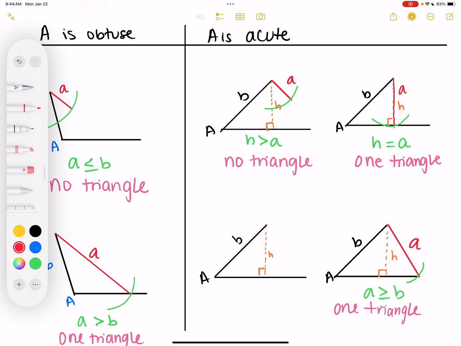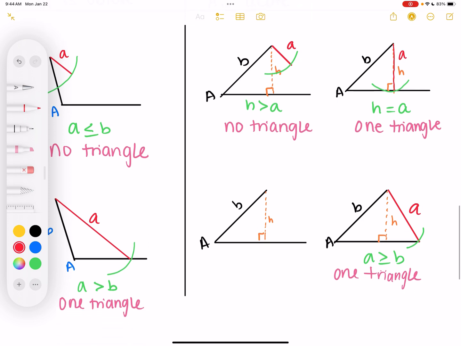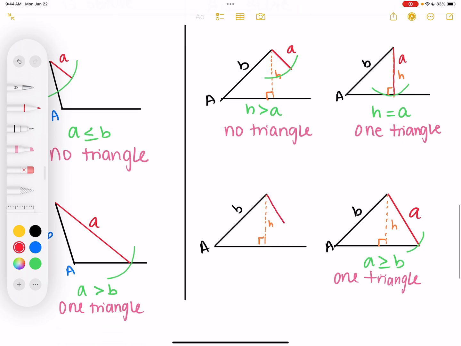Now my final scenario is going to be here, but it's also going to be here. So when it swings through, it hits twice.